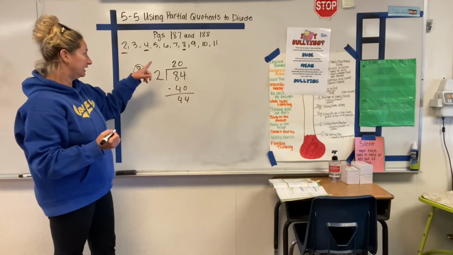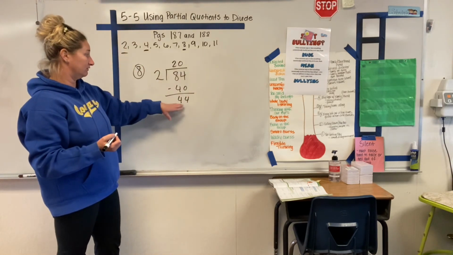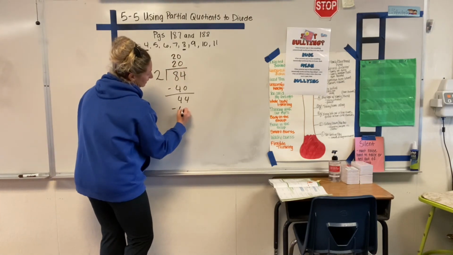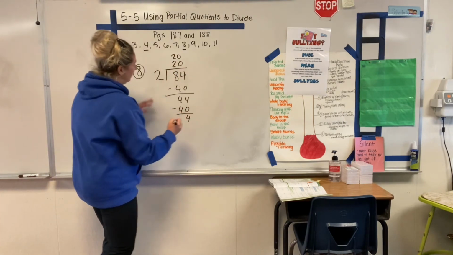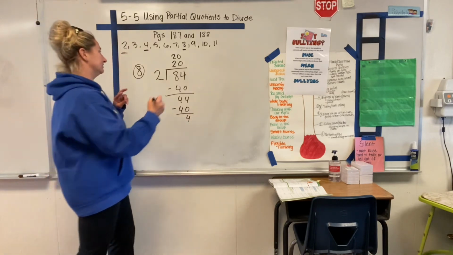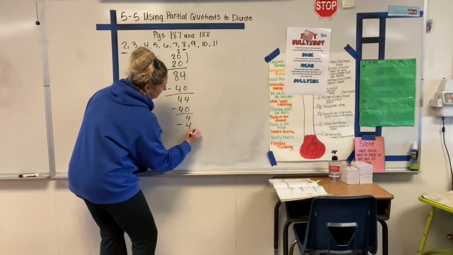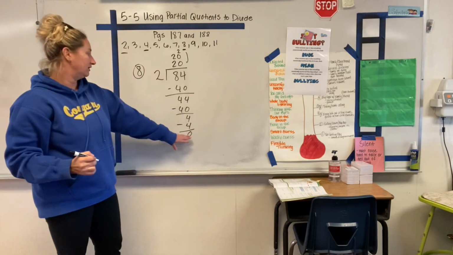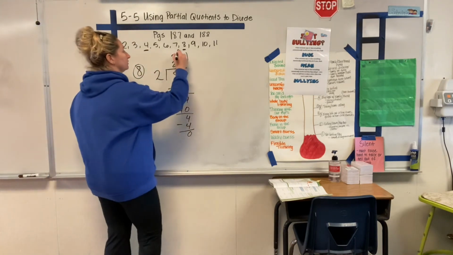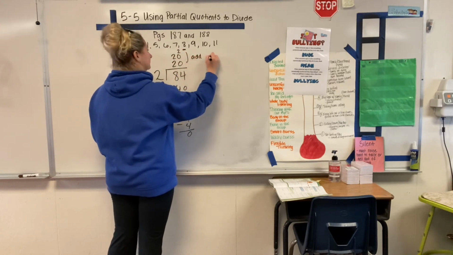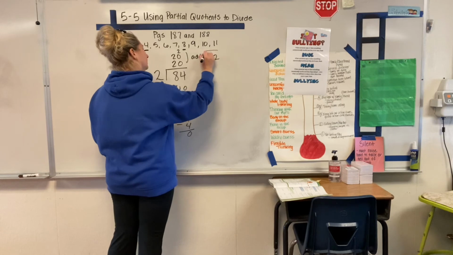I can do 20 again because that's another 40. So 20, so minus 40, I get 4. And 2 goes into 4 twice. Okay, that's minus 4 again. Then I don't have anything left, so I'm done. So 20 plus 20 plus 2, so add, that's 42.